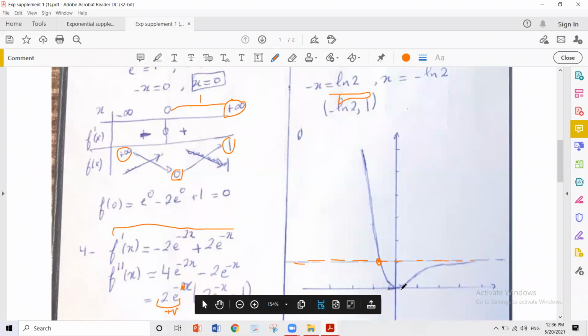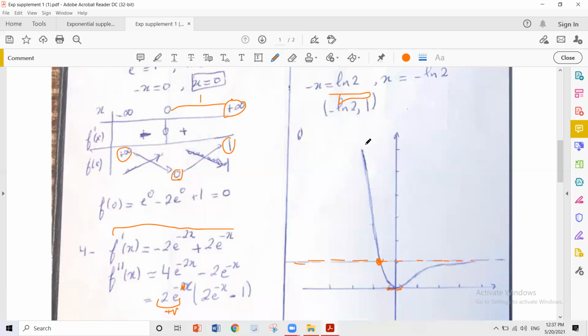The point (0, 0) is the minimum. You can take as many particular points as possible. The curve is decreasing to the minimum, then it increases toward the horizontal asymptote. It cuts the horizontal asymptote at only one point, minus 0.7.